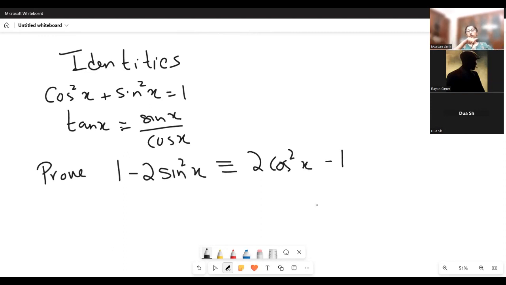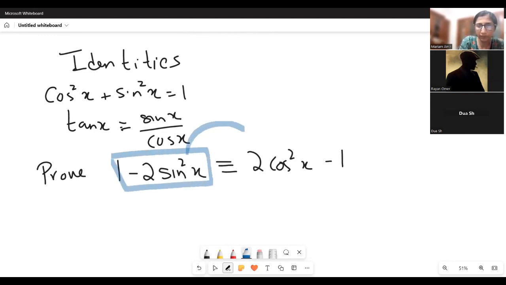Now you can either prove that the left hand side can be written as the right hand side or the other way around. So I'll start from here. I have to somehow use identities and get this in this form.